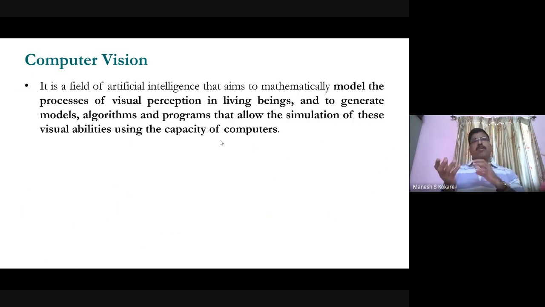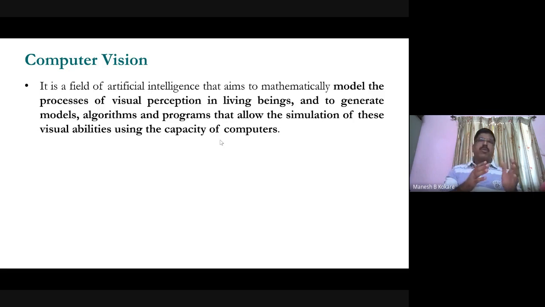Computer vision is a branch of artificial intelligence. It is a field of artificial intelligence that aims to mathematically model the process of visual perception in living beings, and to generate models, algorithms and programs that allow the simulation of these visual abilities using the capacity of computers.